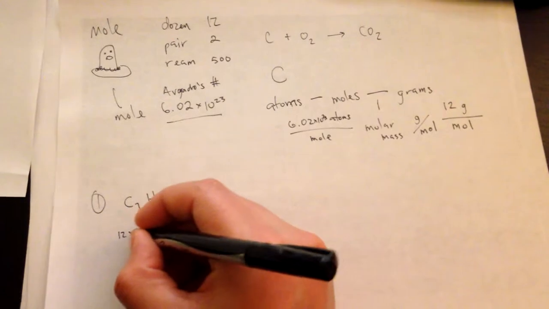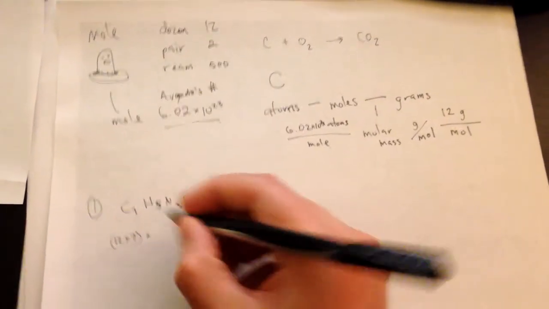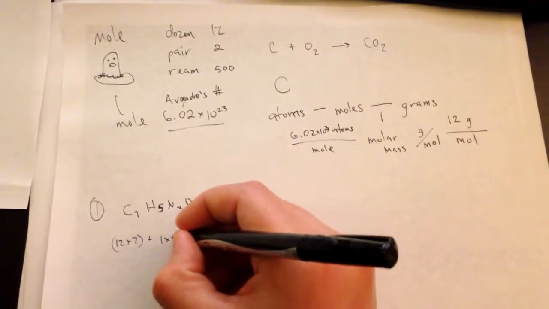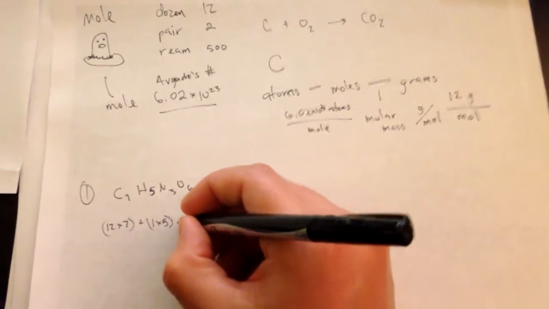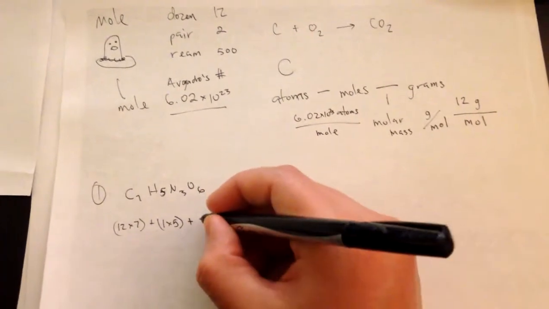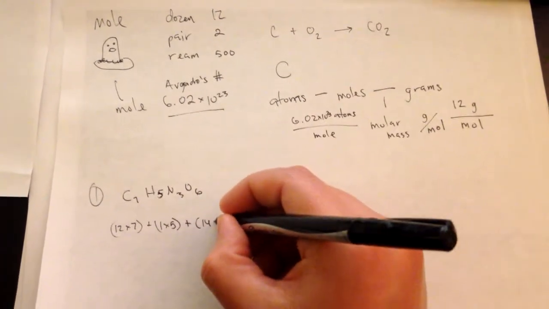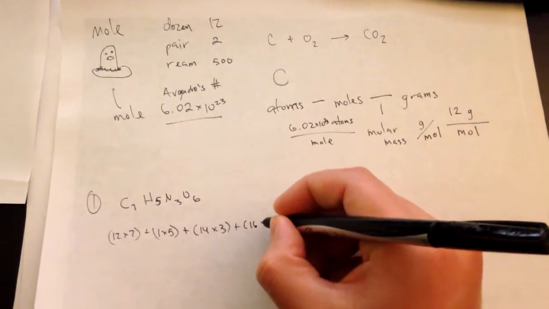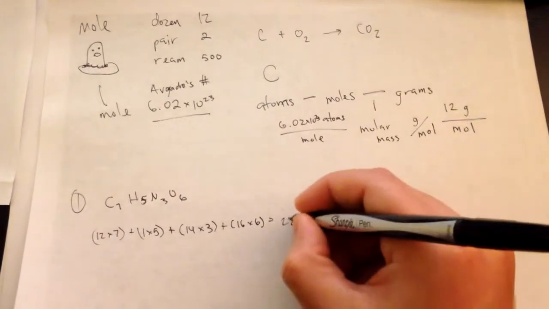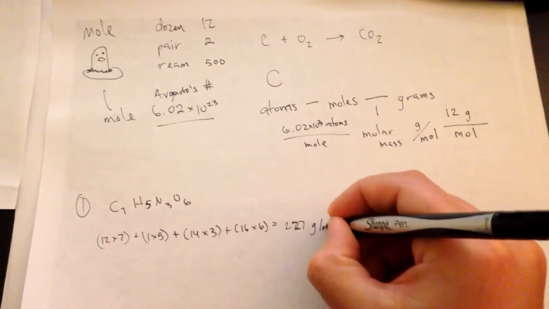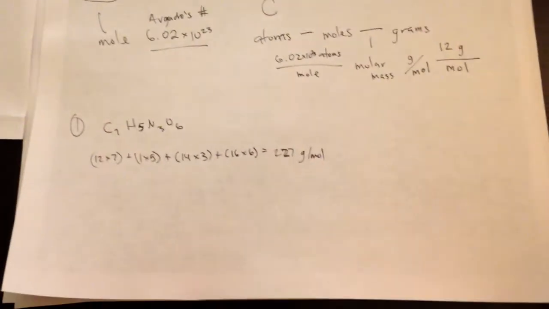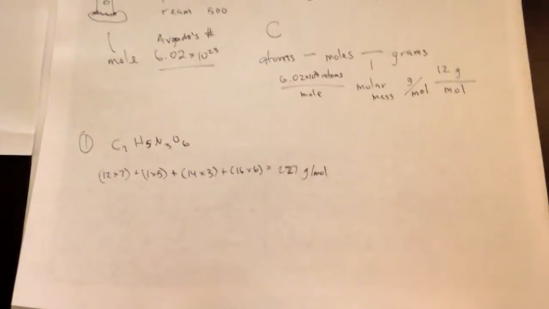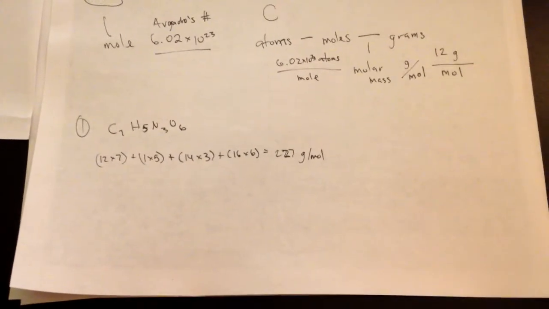So carbon weighs 12 times 7 because there's 7 of them, and then H weighs 1 and there's 5 of them, and then nitrogen is 14 times 3 of them, and oxygen weighs 16 times 6 of them. You add that all up, and it gives you around 227 grams per mole, and that's the molar mass of TNT. That's pretty straightforward. If you need to figure out the molar mass of something, you just look up the elements, how much they weigh, and add them all up together.